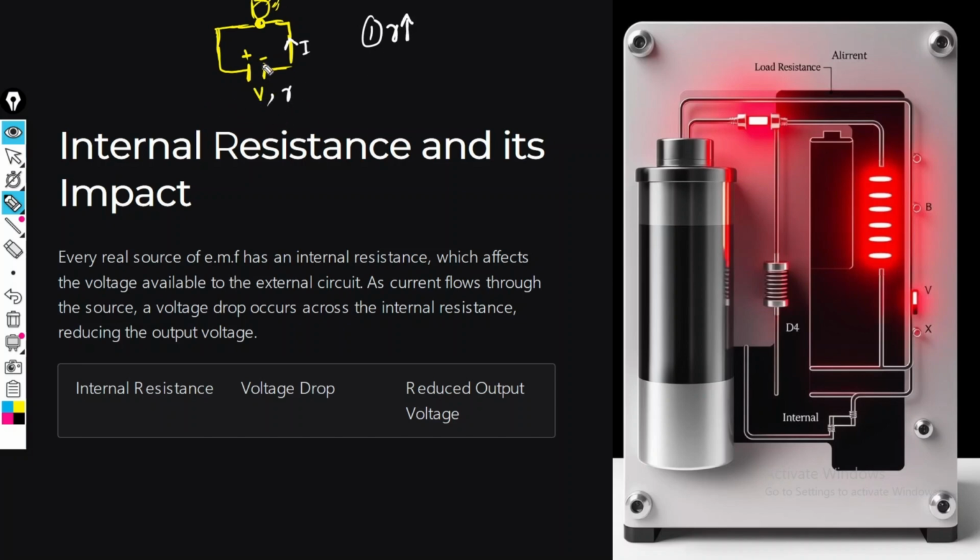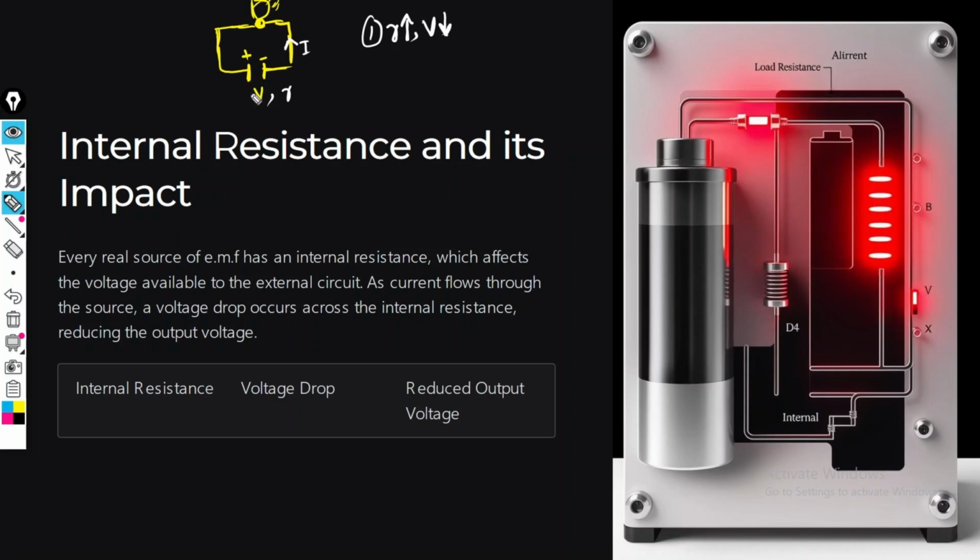More energy inside the battery will be dissipated before giving it to the circuit. So if the internal resistance is high, the voltage provided to the circuit will be less.